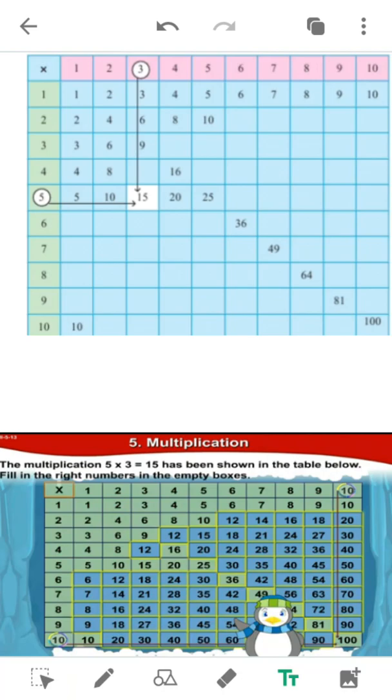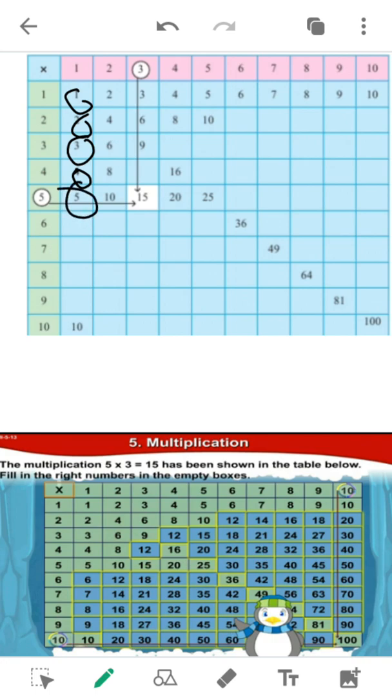So 1 multiplied by 1 is equals to 1. 2 multiplied by 1 is equal to 2. 3 multiplied by 1 is equal to 3. 4 multiplied by 1 is equal to 4. 5 multiplied by 1 is equal to 5.